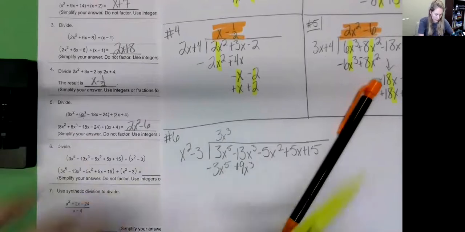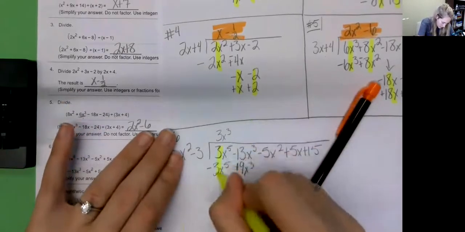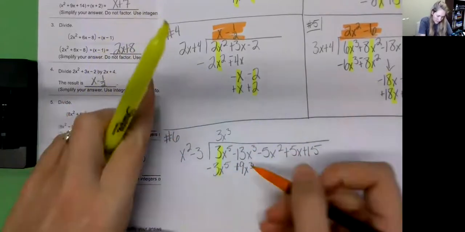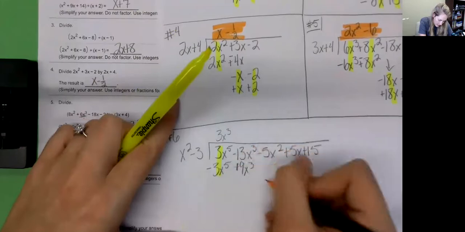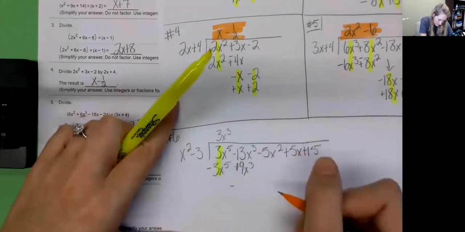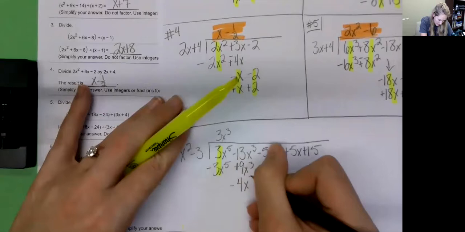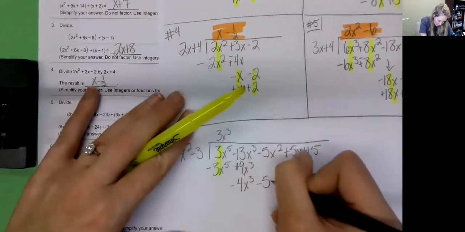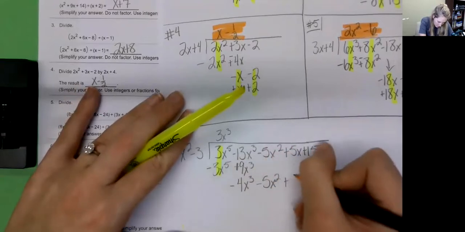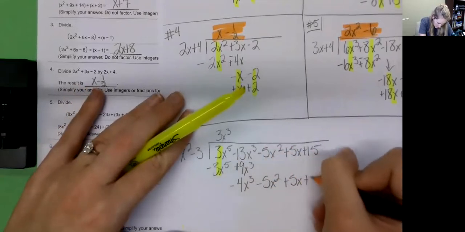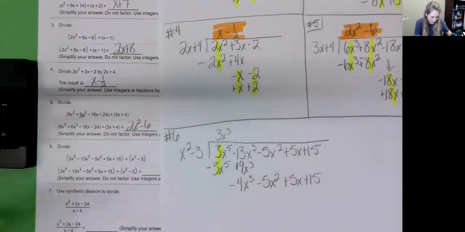We subtract this, we get 0 here. Then negative 13 plus 9, it's going to be negative 4x cubed, subtract 5x squared plus 5x plus 15.